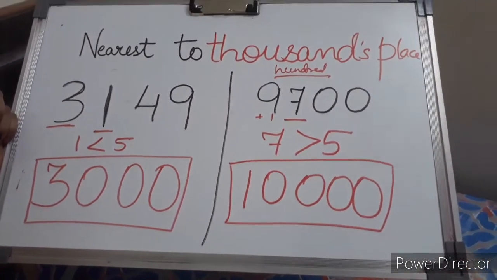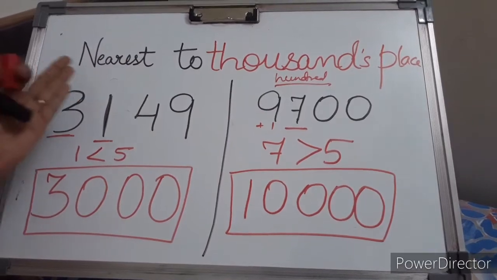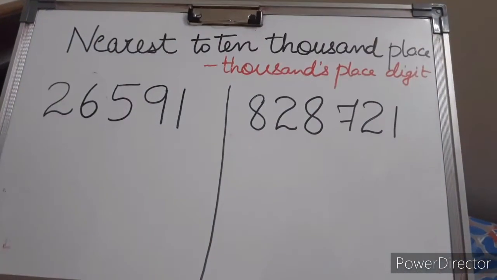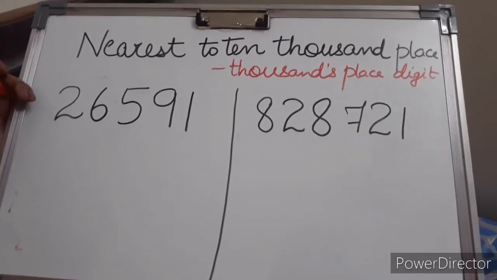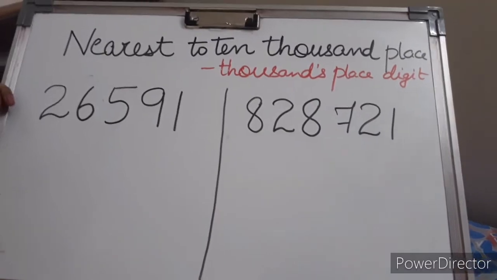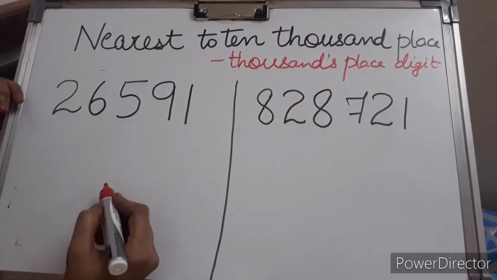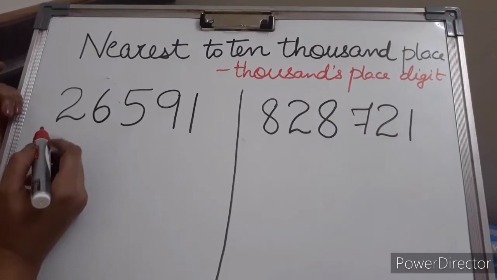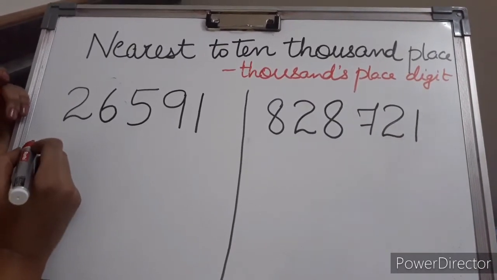Then we will move to greater rounding off, that is nearest to 10,000 place. So how will we solve that? Now comes nearest to 10,000 place. What we have to examine here is the 1000 place digit. In our first question, we have to be very careful and check which is our 1000 place digit.